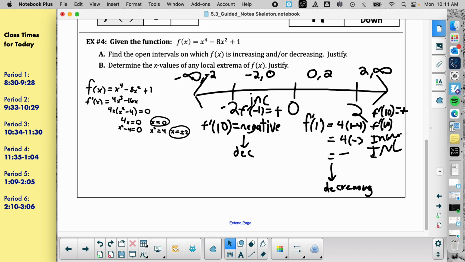Let me draw on here. So decreasing, increasing, decreasing, increasing. I'm kind of a visual person at times, so that helps me absolutely mentally picture whether it's a max or min, but you don't need to.